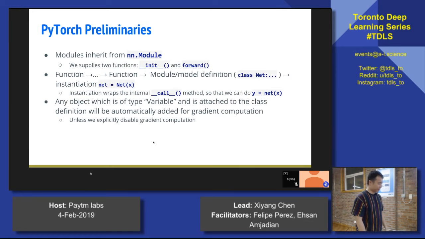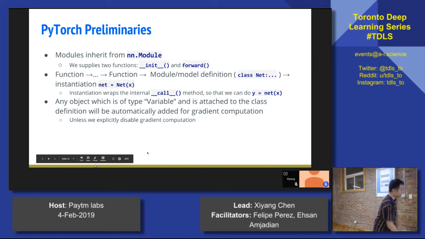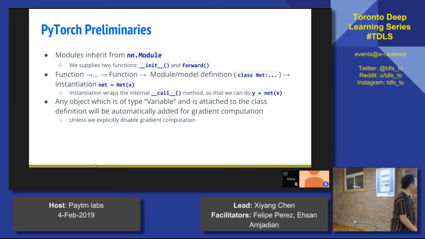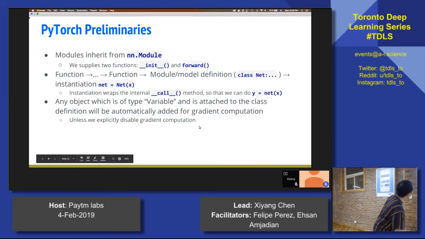So here are some preliminaries for those not familiar with PyTorch. Oops. Did I do something horrible? Did you lose the Hangout? No, I haven't. Oh, you haven't. Okay. What's going on here? Okay, I probably need to. That's kind of weird.